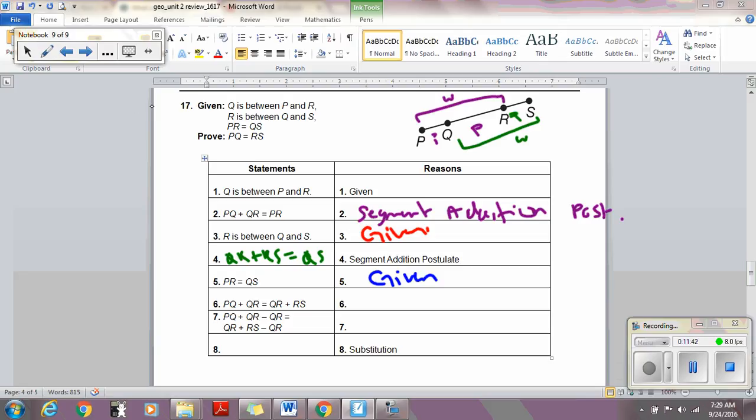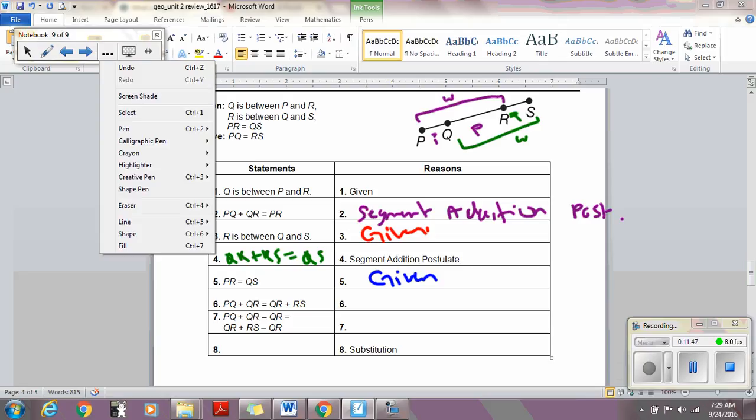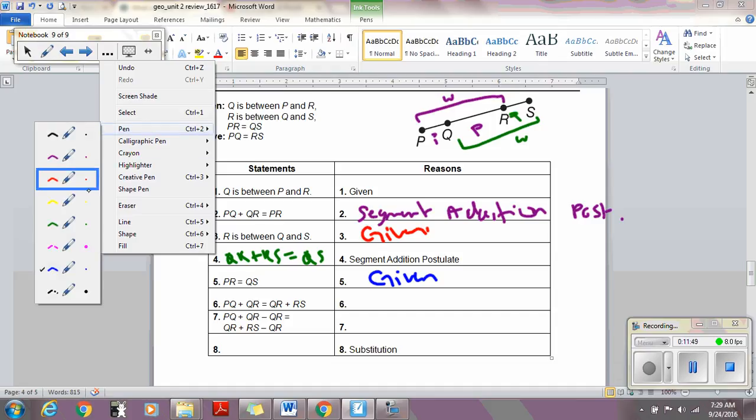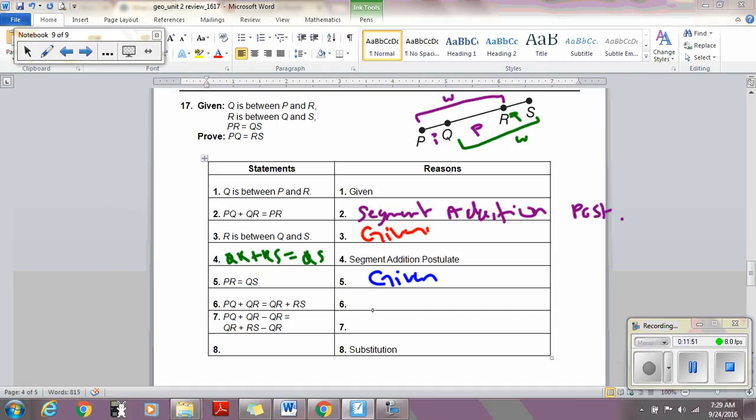So that means we use the addition property. And then they're taking statement 6 and subtracting QR from both sides.